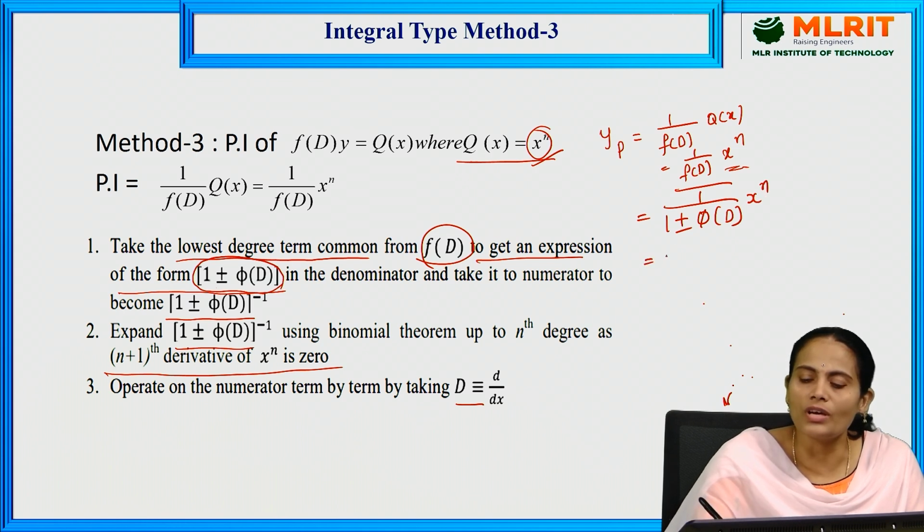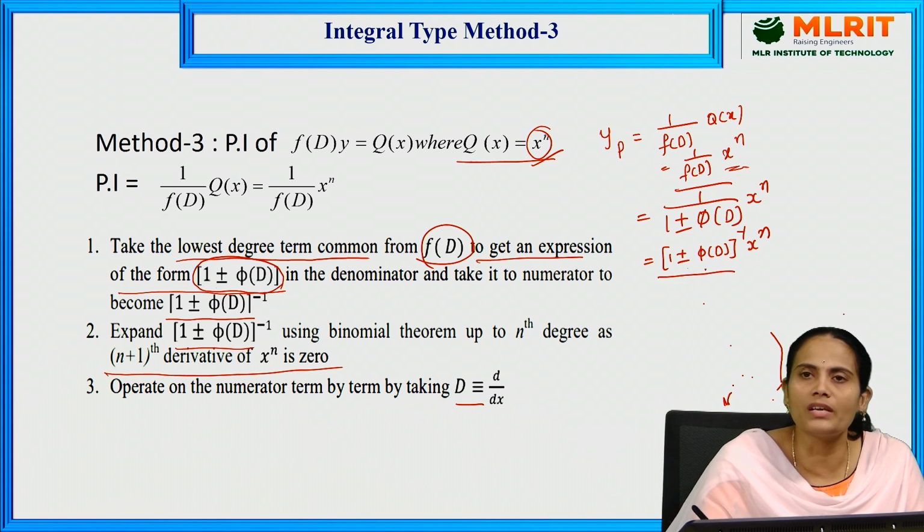Then you write it in the numerator: 1 plus or minus phi of D whole power minus 1 into x to the power n. Then you expand this by using the binomial theorem up to the terms containing nth degree.